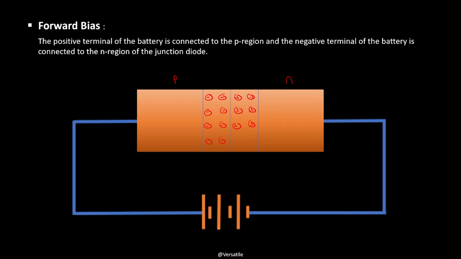And because of these ions, an internal electric field from the positive N side to the negative P side is created, denoted by EI. And due to the battery voltage, an external electric field E acts from P to N side, which is opposite to the direction of the internal field EI.